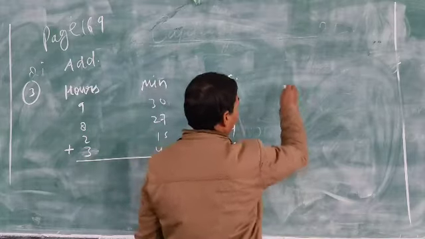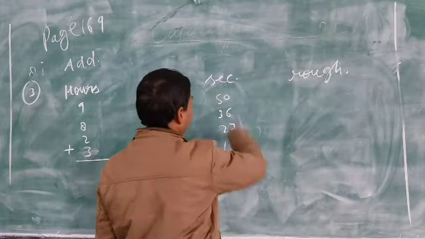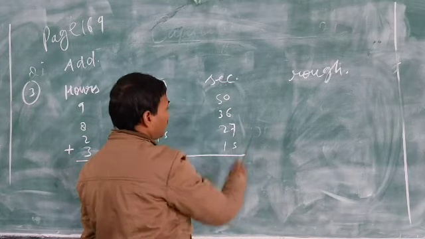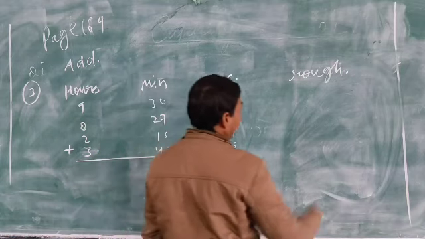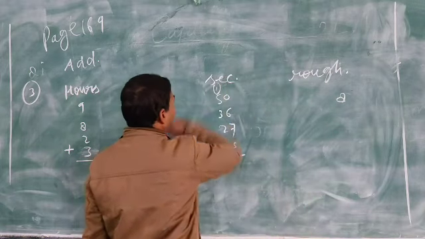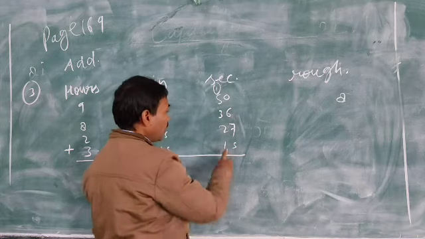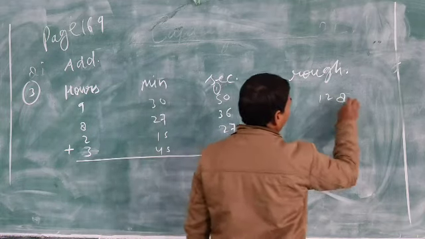So you can use rough work. Add 6 and 7, 13 and 5, 18. 18, 1 carry. 5 and 6 and 3, 9, 2, 11 and 1, 12.